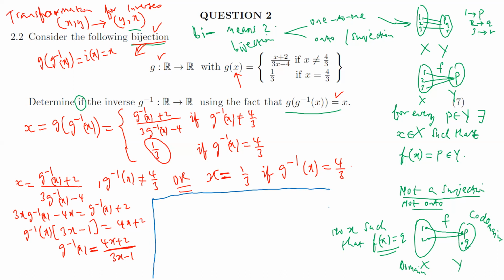Okay, so you have that. What does this mean for us, because now we've got this information? It means you swap the roles of the x and the y, and that's what the inverse does.